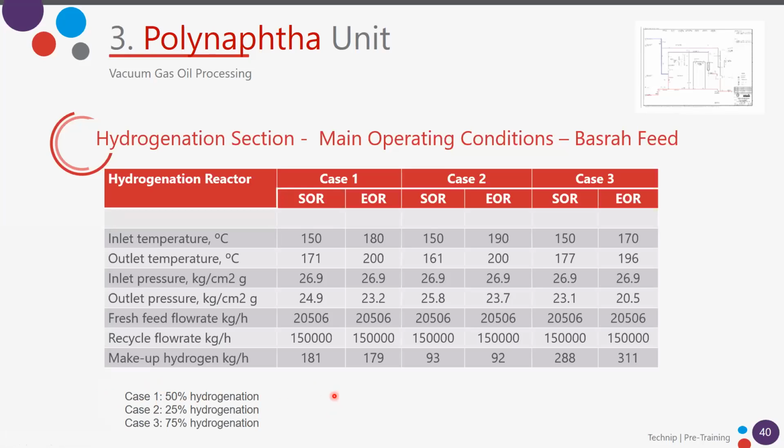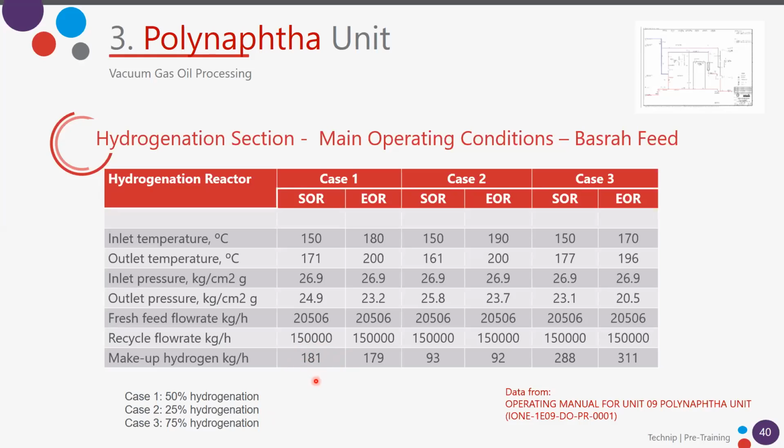You have the case 2, when you have 25% hydrogenation, and the case 3, 75% hydrogenation, okay? If you see the conditions, they are the same. The only thing that you change to go from one case to another, it is the makeup hydrogen flow rate, okay?